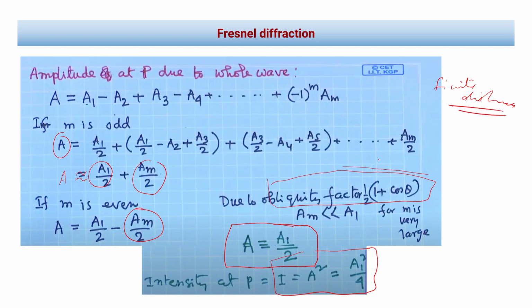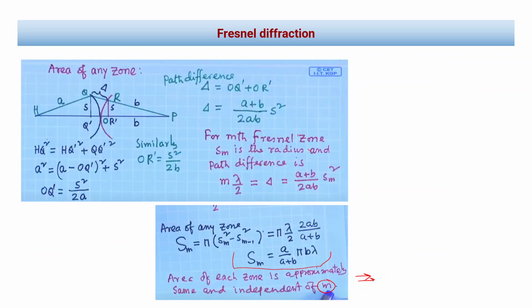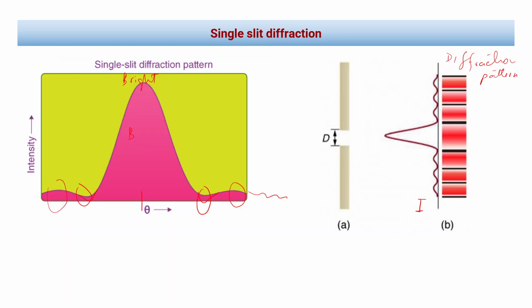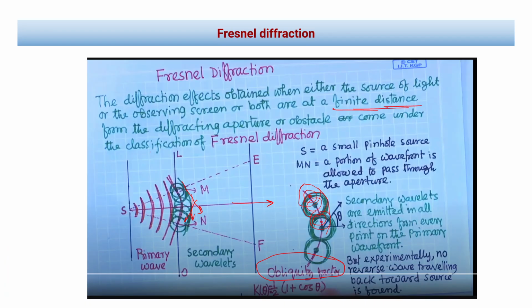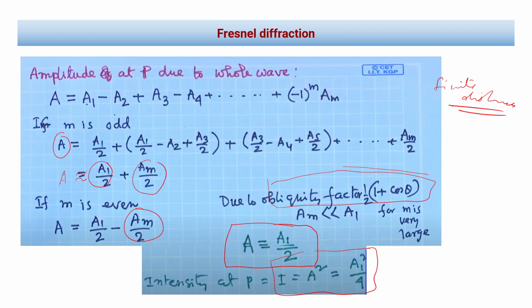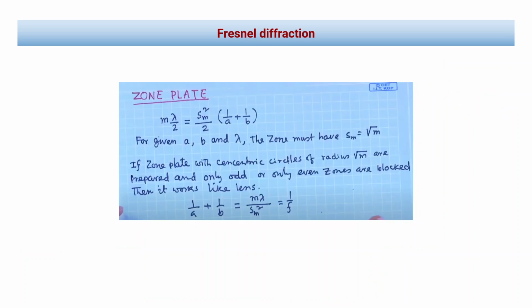In other diffractions you were seeing the intensity going very high, but here in Fresnel diffraction the intensity is a fraction of the original. So this is the difference we see in the diffraction pattern of Fresnel and Fraunhofer diffraction.